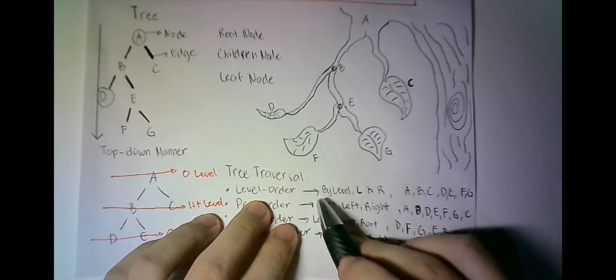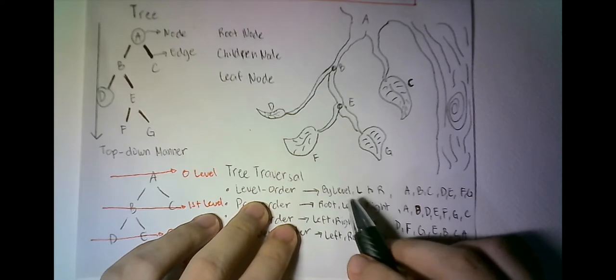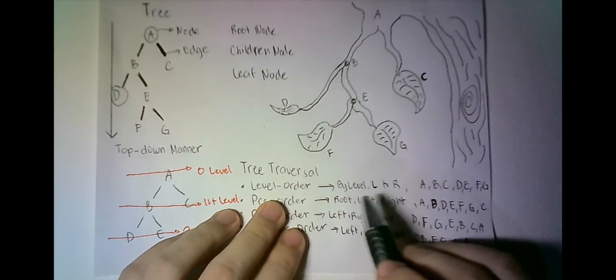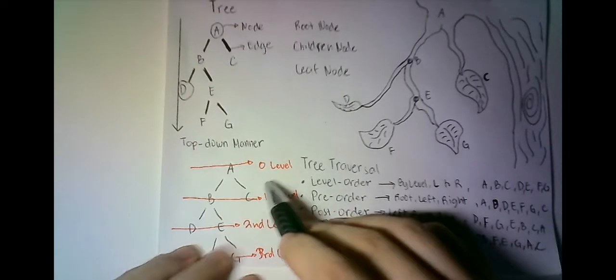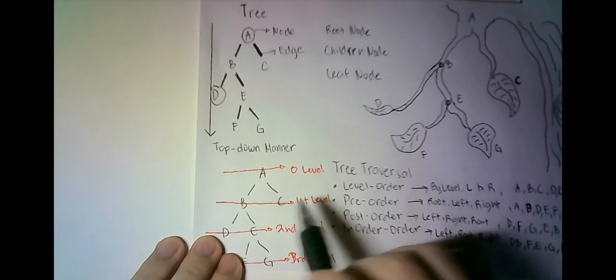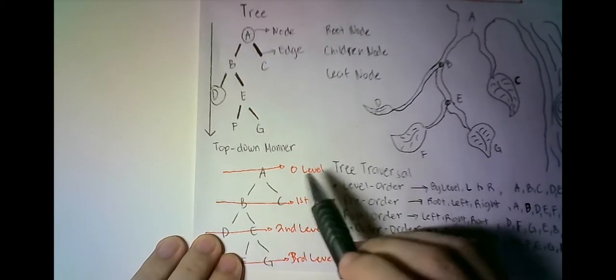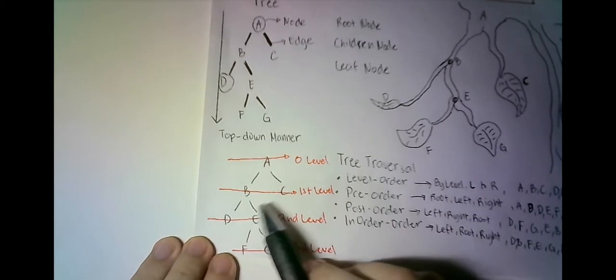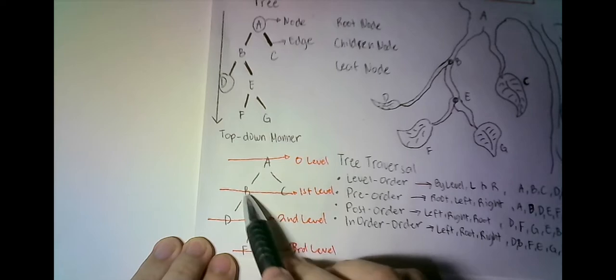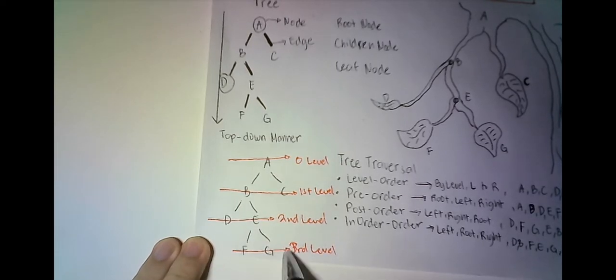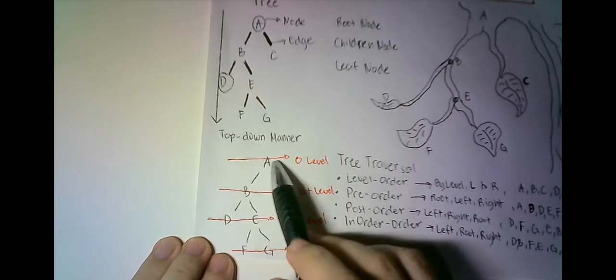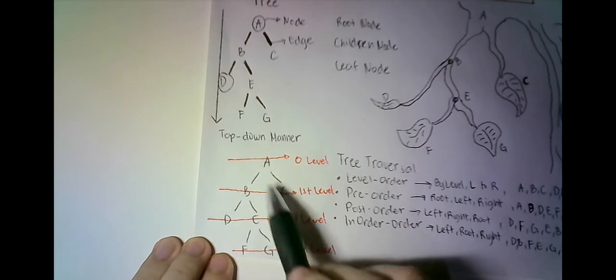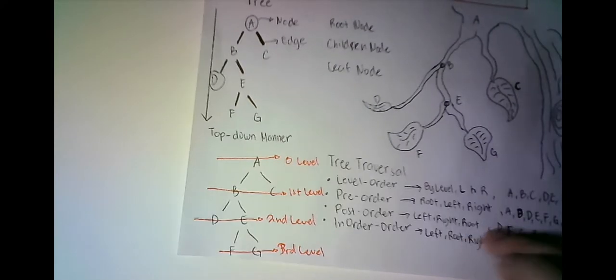In the level order, it traverses the tree by level, just like right here. This is the first layer, which is the 0th level, because A here is the root. Then the second layer is the nodes B and C, then the third layer, and the fourth layer. And you count the nodes from left to right.